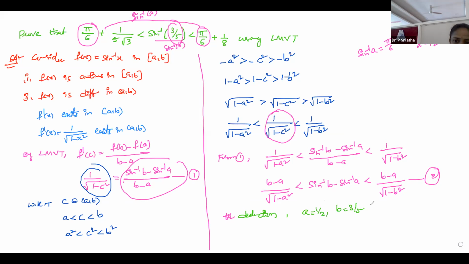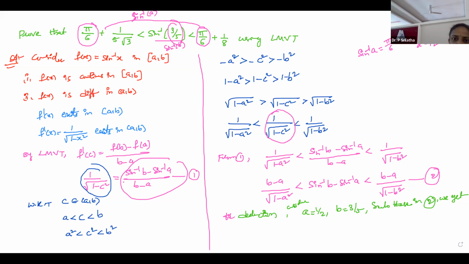Okay, so substitute these values in equation 2. For the deduction, consider a equal to 1 by 2, b equal to 3 by 5, and substitute these values in equation 2.